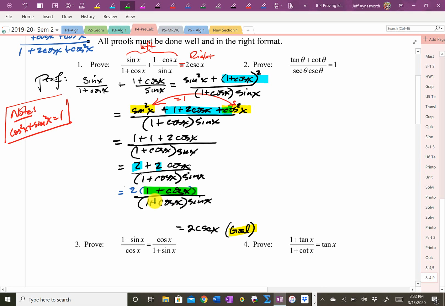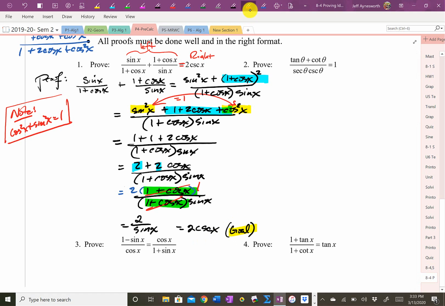That's the same as that, and anything divided by itself is 1. So this is equal to 2 times 1, which is 2, divided by sine of x, which is 2 cosecant of x, because 1 over sine x is the same as cosecant of x. And voila, that's our goal.